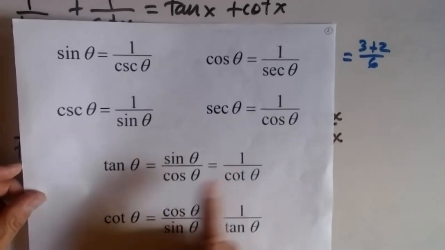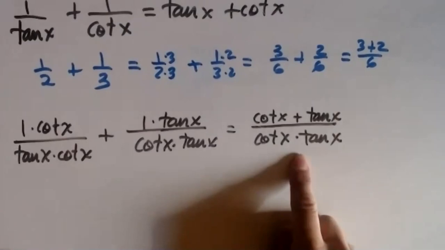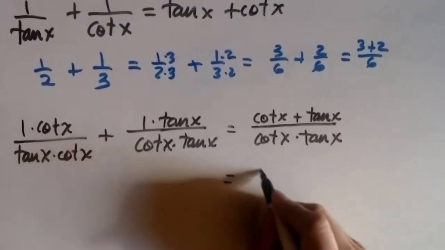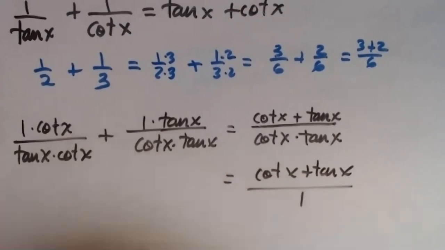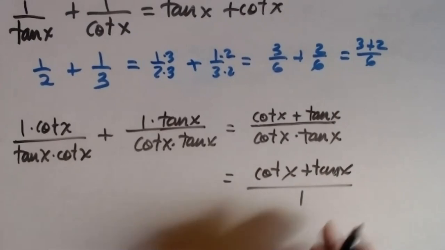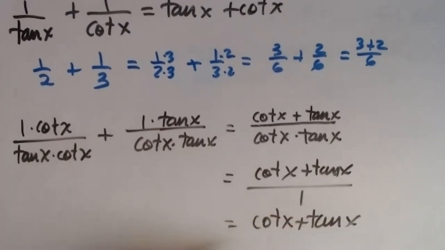So tangent is 1 over cotangent, so cotangent times tangent is 1. So this is cotangent x plus tangent x over 1, right? And a number divided by 1 is the same number, so I have cotangent x plus tangent x. So it's exactly what you have to prove, right?